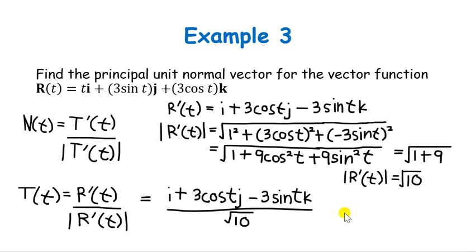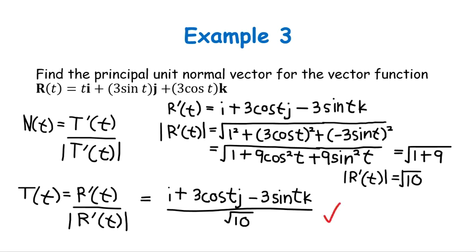Using the value that we obtained just now, we now have the derivative of r, a vector function, divided by the magnitude of r prime, given as the square root of 10. So this is the tangent vector.